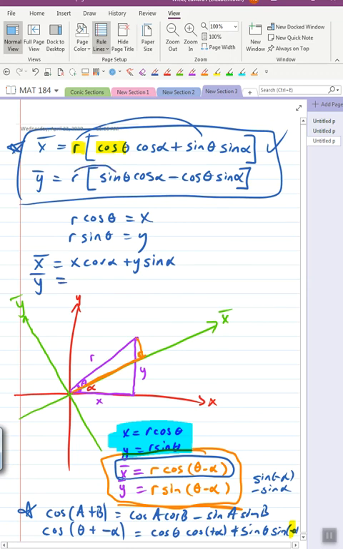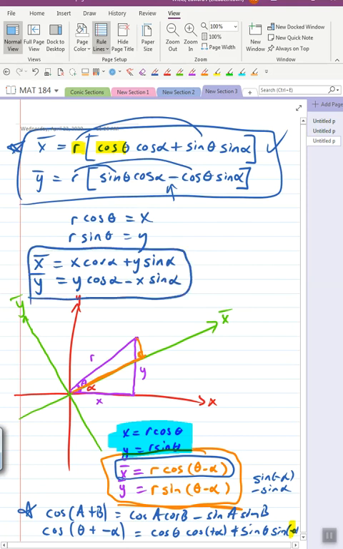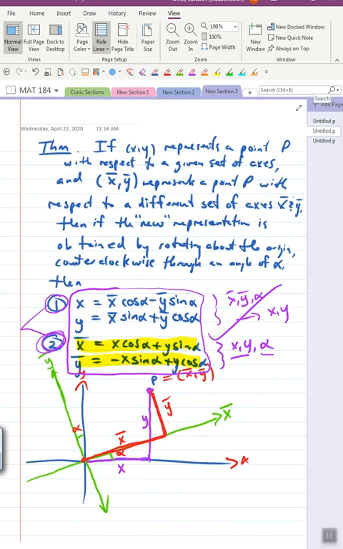There's obviously a y right there. And then what's this one? There's an r cosine there, which is x, but there's a minus. So that should be minus x sine alpha. And if you look at those equations, you should notice that's what I have right here in yellow.